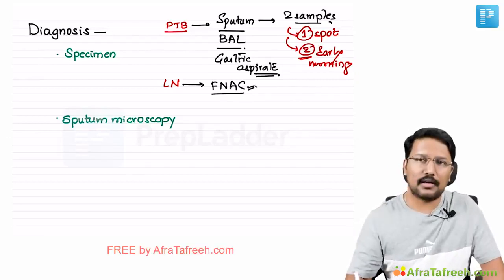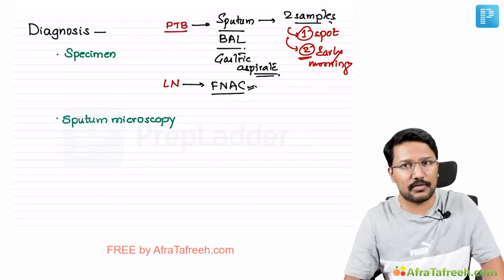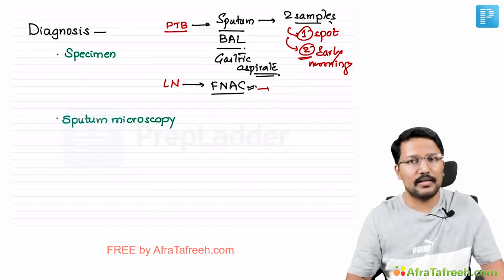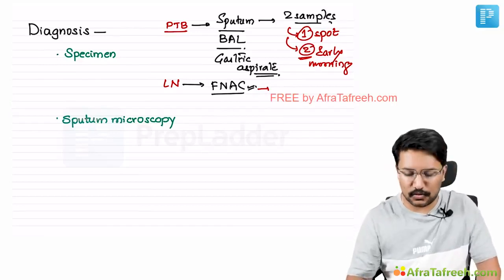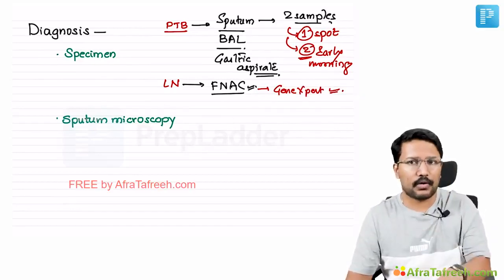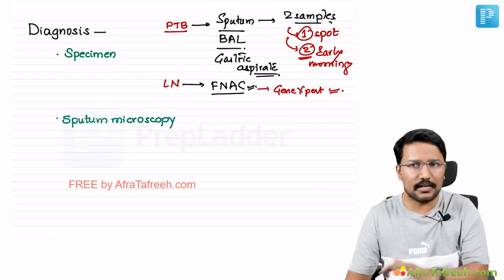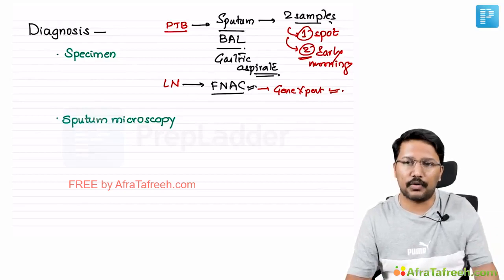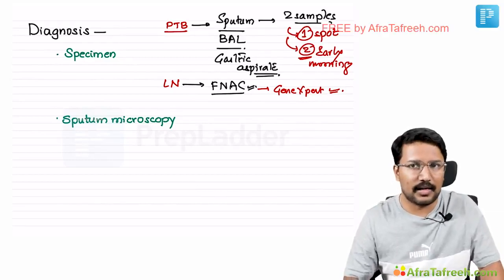Otherwise, FNAC is diagnostic in more than 88% of the cases. What is the test to be done on that FNAC sample? The starting test is usually CBNAAT or GeneXpert. GeneXpert is considered the initial test. We will talk more about these tests later. Right now, just be aware: for pulmonary tuberculosis, sputum, BAL or gastric aspirate; for lymph node, FNAC is considered the ideal sample.